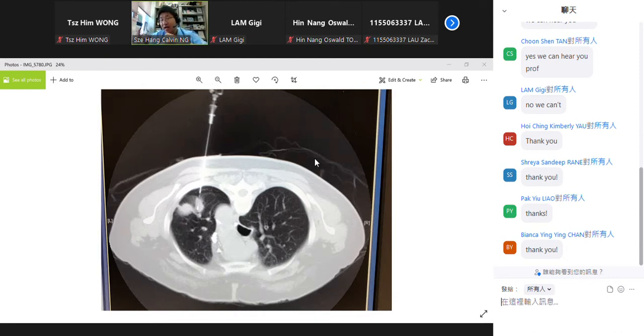And in fact, an EUS can go down the esophagus into the stomach, and with ultrasound can sometimes pick up left adrenal lesions, and they can stick a needle through the stomach into the left adrenal lesion to get cytology or histology to confirm or refute the fact that it is an adrenal metastasis. So that's another way that we can sometimes get tissue.